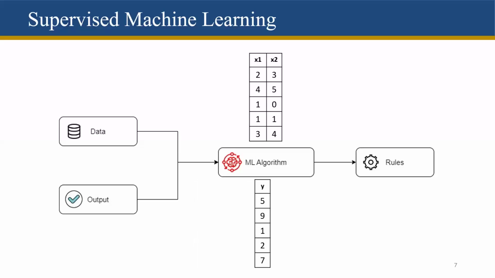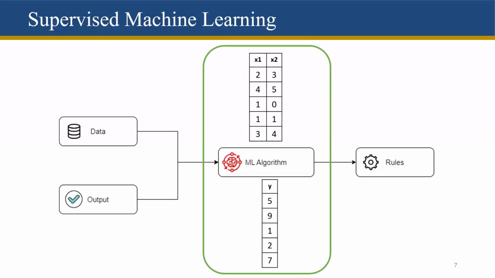We feed it into the algorithm, and the algorithm learns some inherent patterns within this data that we have presented to it to give us a rule. So over here, it turns out that after the algorithm learns, it comes up with a rule called addition. Now, there's no machine learning algorithm called addition, but this is just for you to get that basic concept of how this learning is done.